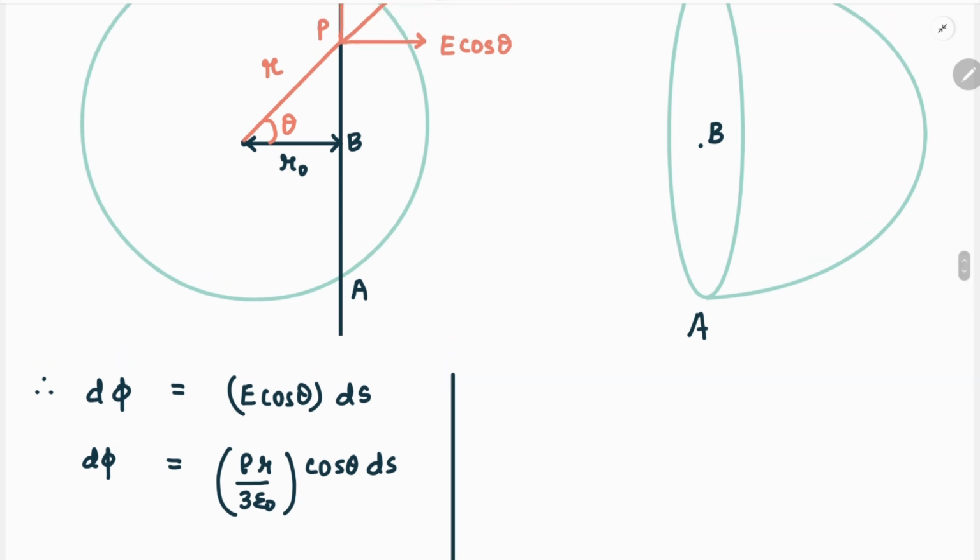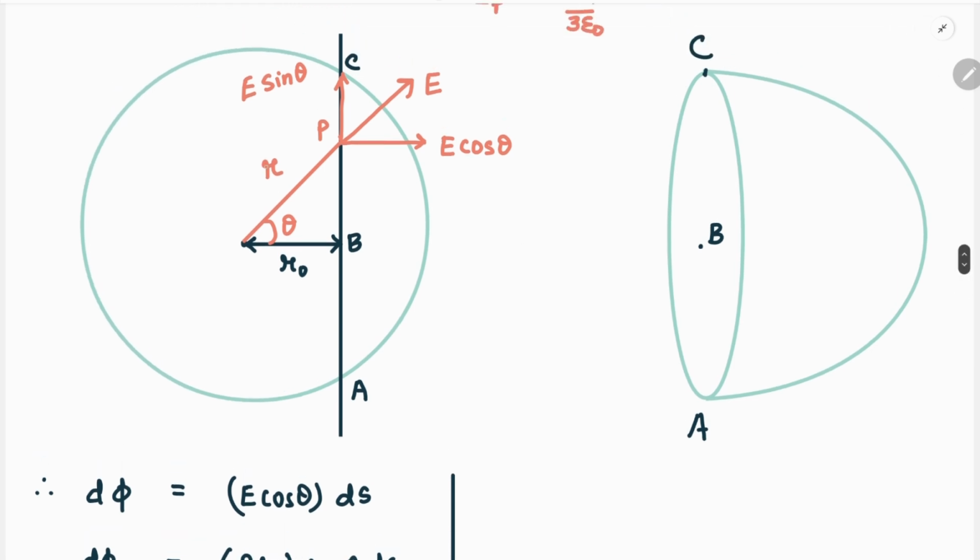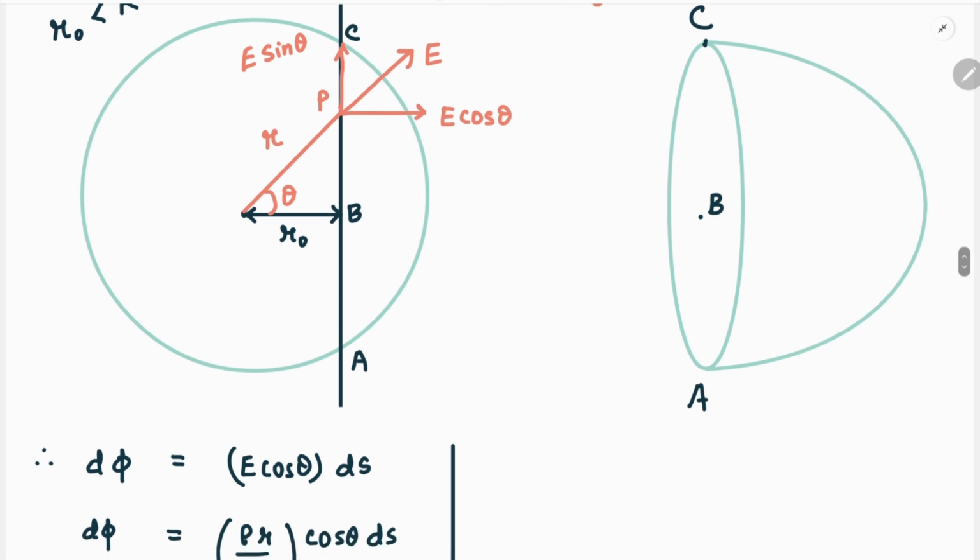If we take any point on this plane as point P, this r cos theta term gives us the r0 value mentioned in the problem, where the problem asks us to calculate the electric flux through a plane at a distance r0 less than r.